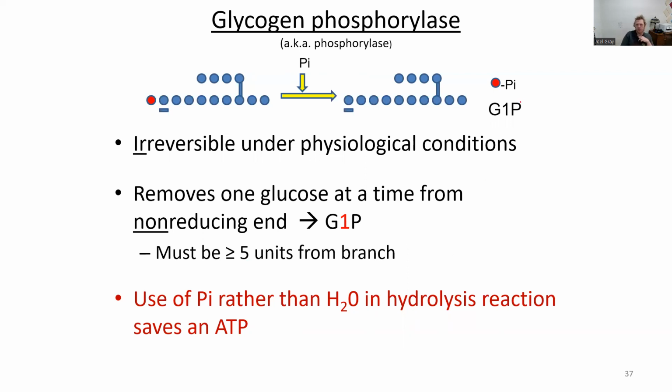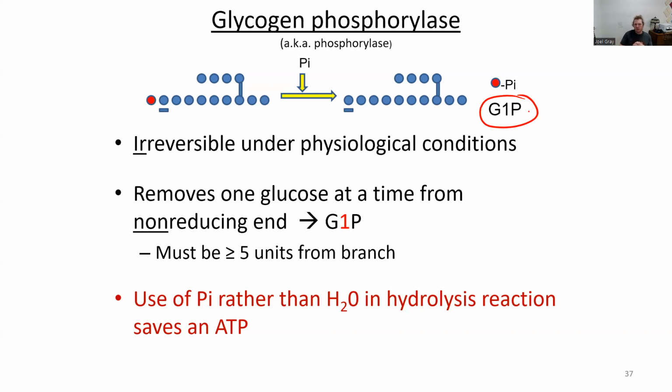And it's going to release a molecule known as glucose 1-phosphate, which, when you think about glycogen as your storage molecule and breaking that glycogen down, and you end up with glucose 1-phosphate, how does that relate to glycolysis?